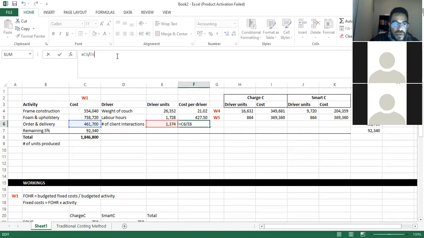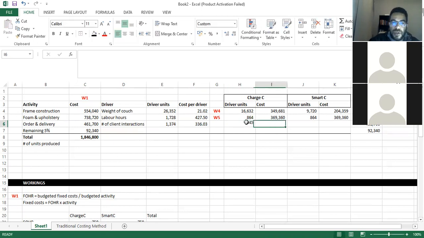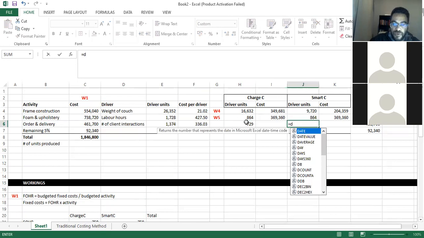So you just have a look, it is that divided by that. This is equal to D52. And this one will be equal to C52, and this one will be equal to D52.